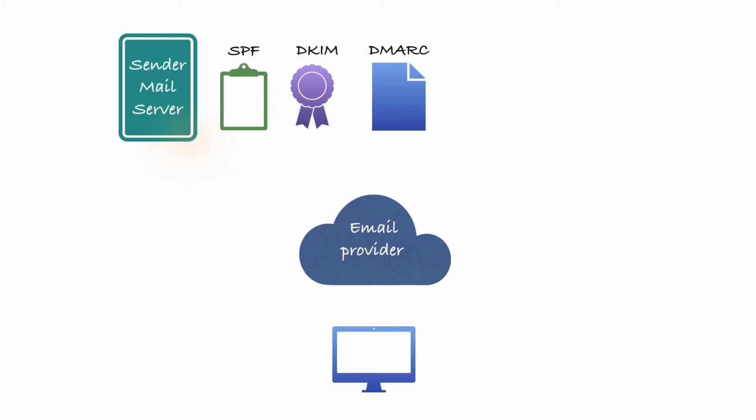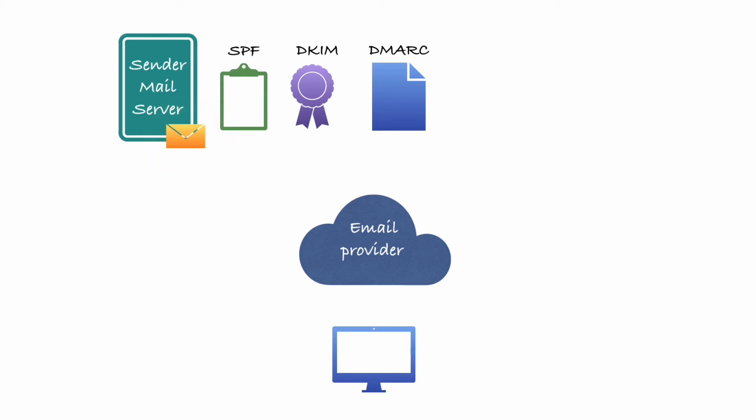If DMARC is set to report, then the receiver can report back to the sender about the result of SPF and DKIM checks. This will help the sender understand if any unauthorized third parties are sending spam or emails on their behalf.